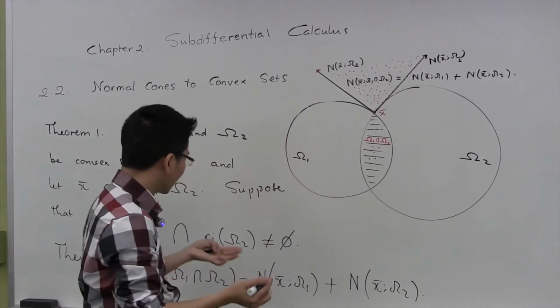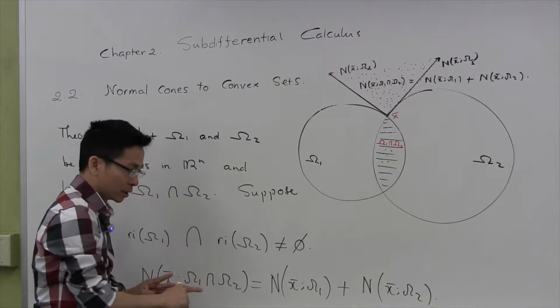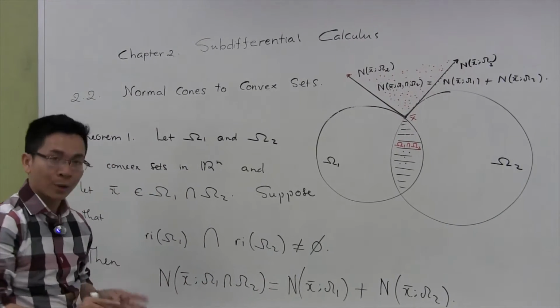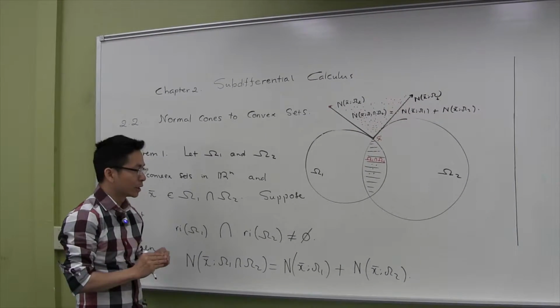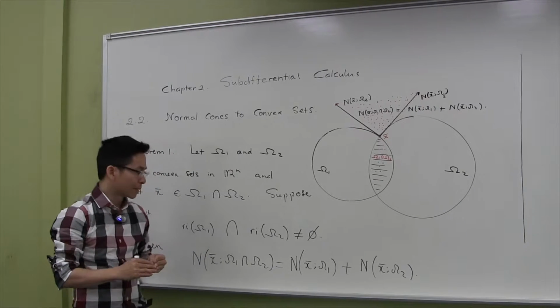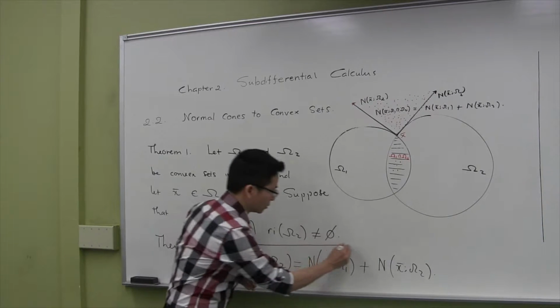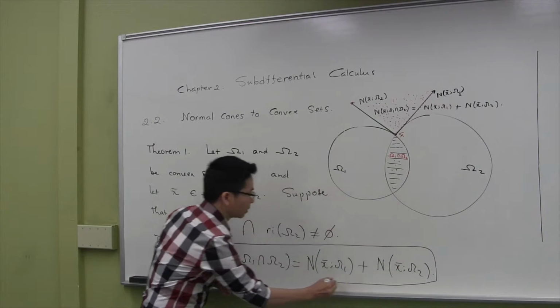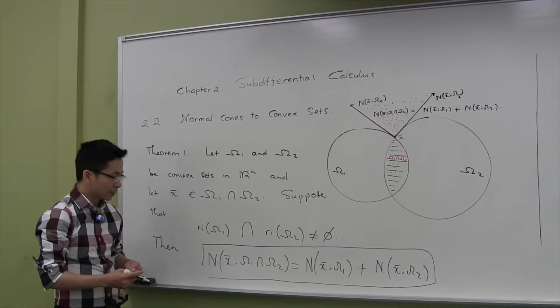So this assumption is satisfied, and this conclusion holds as well. Okay, so this is a very, very important theorem, and we're going to use this theorem later on in order to develop subdifferential calculus.